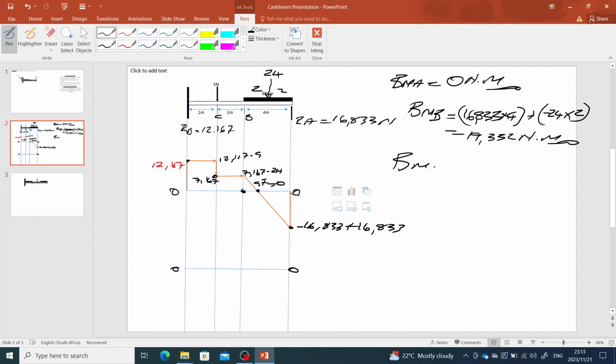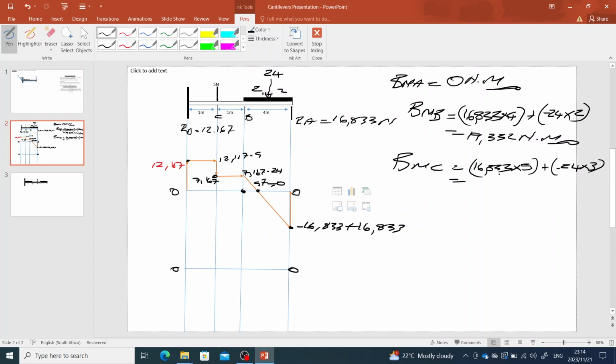Then bending moment at C, we are having 16,833 multiplied by perpendicular distance from here to there, it is 5, plus negative 24 multiplied by perpendicular distance, it will be 2 plus 3 plus 1. 2 plus 1 equals 3.